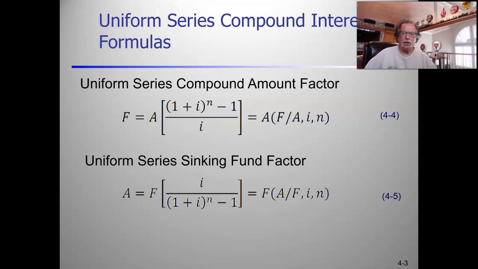So I'm going to give you these formulas. They can be derived. I'm not going to derive them for you. But basically, if you have a future amount, this is the formula to calculate an equivalent future amount if you have N payments of A. Or conversely, if you know a future amount, you can convert it into N payments of A. So let's go back to the cash flow diagram here.